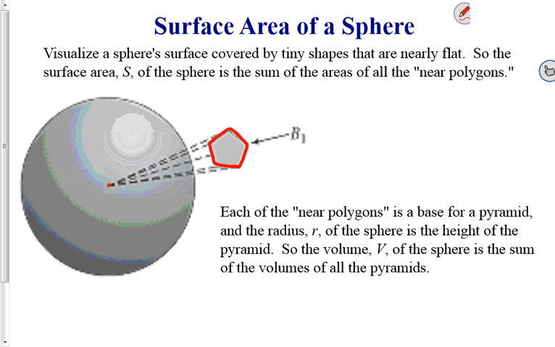Now, if we calculate the volume of every one of these pyramids and add them together, we would have the volume of the sphere. This could lead us to the surface area of a sphere. Let's move on.